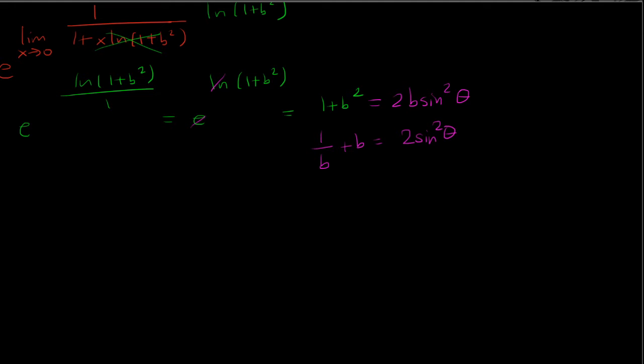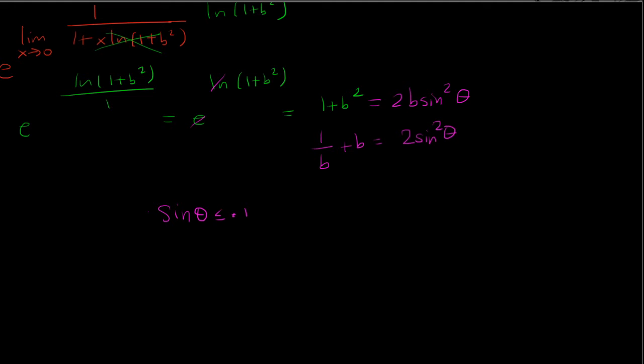Okay, now let's think about this. So b is positive, and I should have said it's a whole number. So b is a whole number, so it could be like 1, 2, 3, 4, etc. So let's look at first sine squared, or sine, right? Sine is between negative 1 and 1.